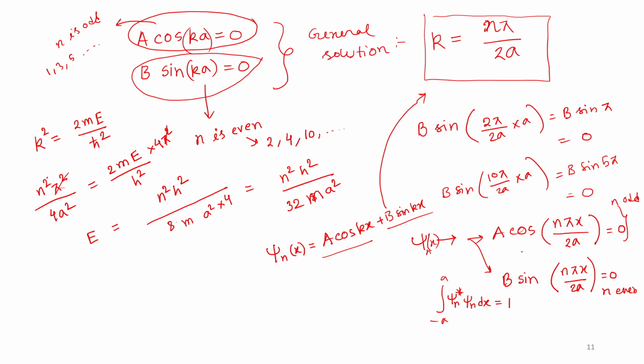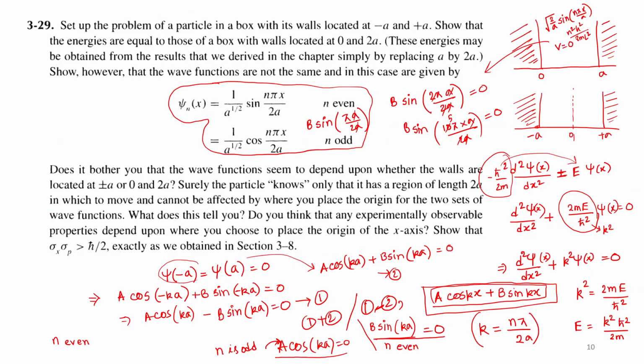I'll not do this right now because I missed discussing some more problems, which I want to discuss quickly. I hope you will be able to do this, right? Because there is no imaginary term, it will become a square cos square n pi x squared. We just need to do the previous kind of integration we have done earlier in the first question, and we'll see that the value of the normalization constant is going to come up as 1 by root over a, something like this, for both the cases.